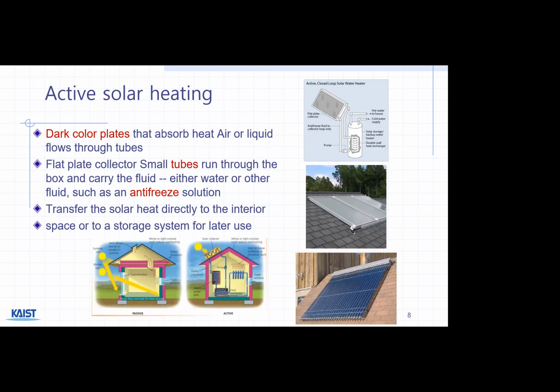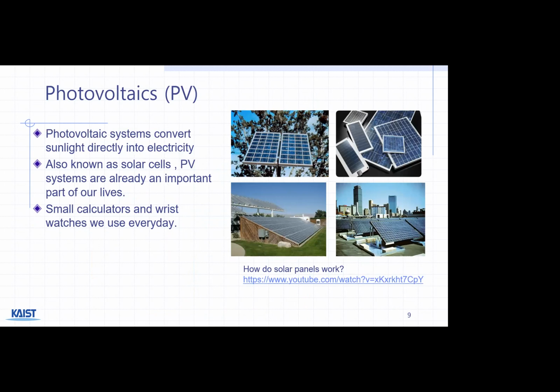Active solar heating systems have devices to convert the sun's energy into a more usable form, such as hot water or electricity. Photovoltaic system convert sunlight directly into electricity. We use this technology in calculators and wristwatches every day.